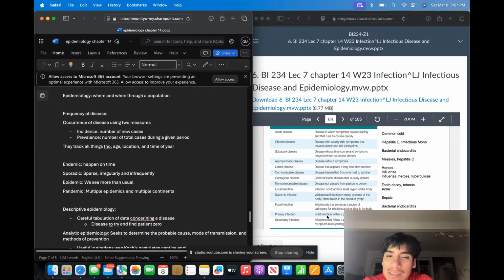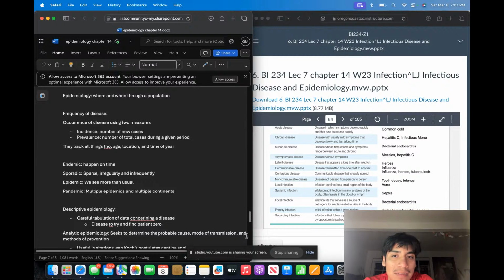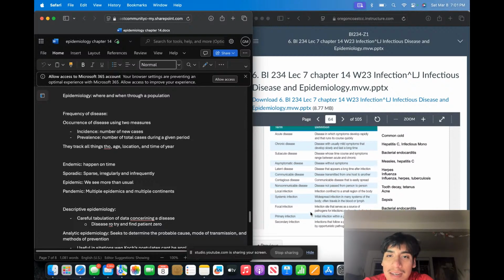Here are some notes. I'm kind of tempted to go over this. Acute disease is disease which develops really rapidly, like acute left ventricle heart failure. Chronic disease is disease with usually mild symptoms that develop slowly and last a long time. Subacute is disease whose time course and symptoms range between acute and chronic.